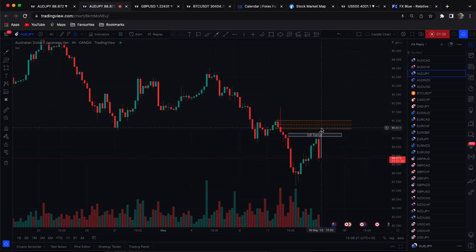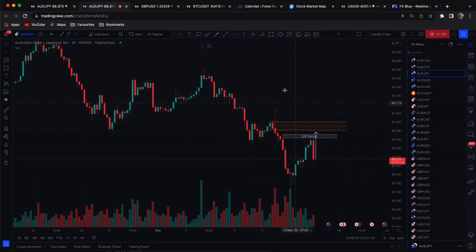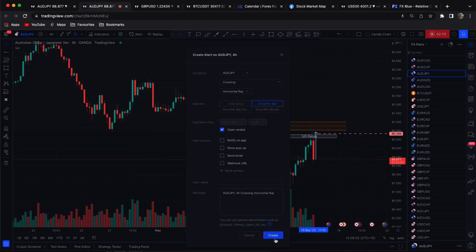My point of interest is going to be around the base of this range here, where I've got my arrow. So what I'll do is set up an alert, and I'll place it just above here. I want to know if the market comes back and breaks these highs. Alert once per bar.